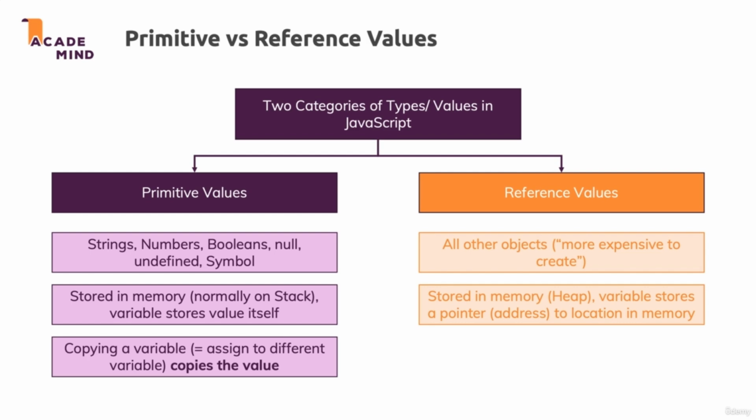And important, a variable then only stores a pointer, so the address of that place in memory, and not the value itself. For primitive values, a variable really stored the value itself.